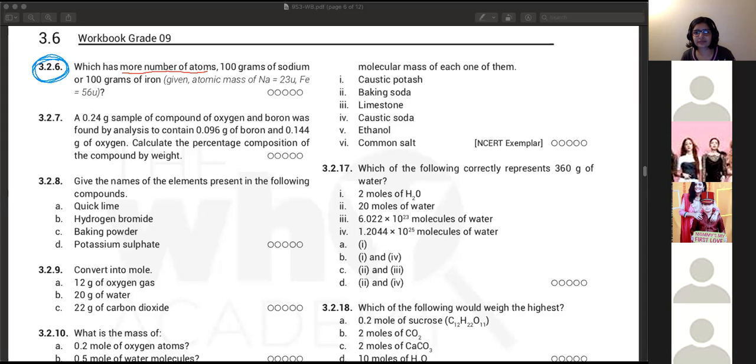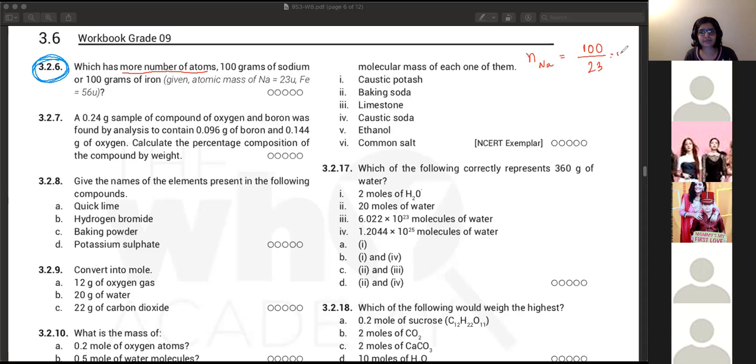Raghav Shah: Yes, ma'am. First, in this question, we have to find the number of moles in each case. So in 100 grams of sodium, we know the formula: number of moles equals given mass upon molar mass. When we divide that, we get 4.34. So in 100 grams of sodium, there are 4.34 moles.